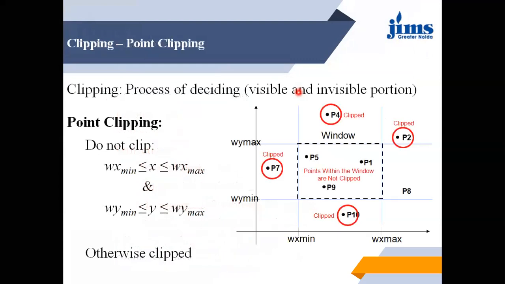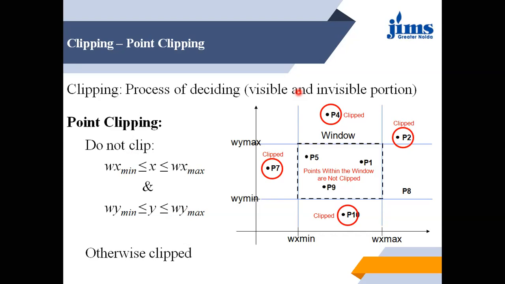As we discussed, clipping is the process of deciding whether a part of an object is visible or not, or we can say which part of an object we have to show and which part we have to hide.